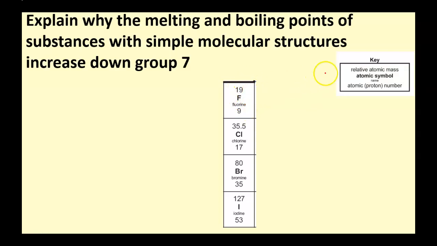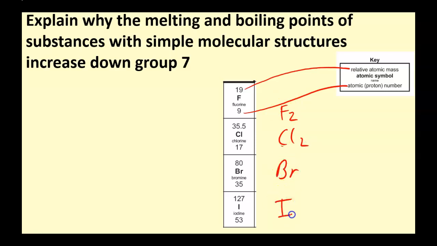So if we look at the data given for fluorine, it tells us the relative atomic mass and also the atomic number. Now, the other thing we know is the formula of all the halogens. So halogens go F2, Cl2, Br2 and I2.